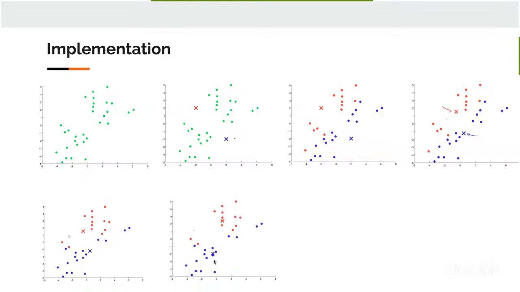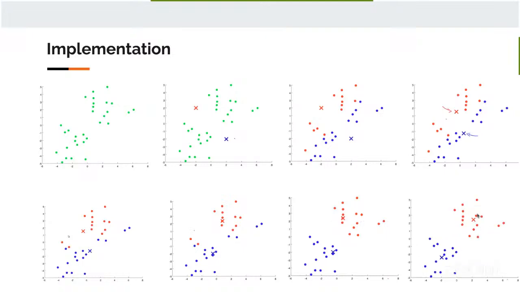Blue has moved here. Again I'll take the mean and calculate distance. If I calculate the centroid again, it will keep moving here only, and there won't be any change in the classes. Now when there is no change, you stop.